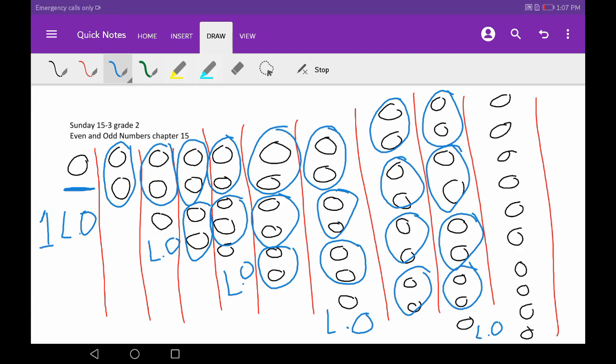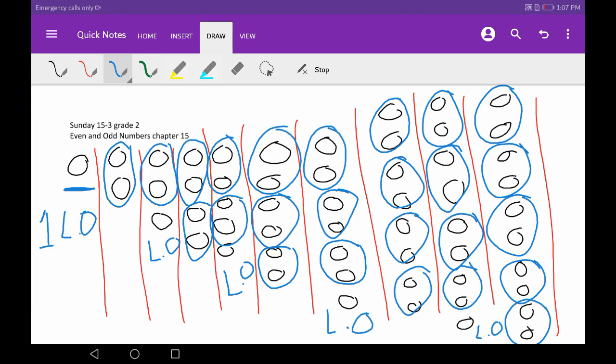And the last number, which is 10 balls. 1 group, 2 groups, 3 groups, 4 groups, 5 groups, and there is no leftover. So 10 divided by 2 is equal to 5 equal groups of 2 and there is no leftover.